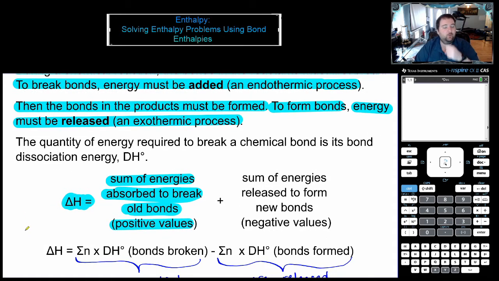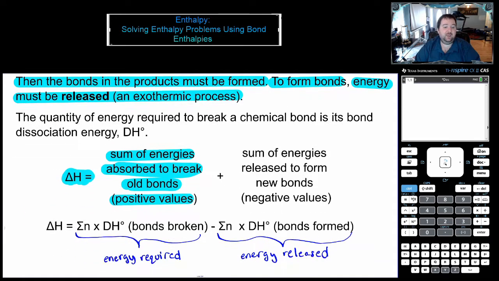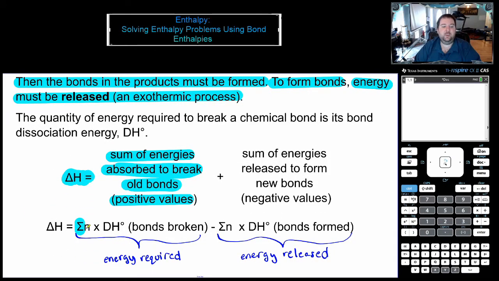And the way that we're going to write this in math is the sum of the number of dissociation energies for each bond broken. And so if there are 3 carbon-hydrogen bonds, we're going to go to our table of values to find the energy, the dissociation energy. That's what DH is.